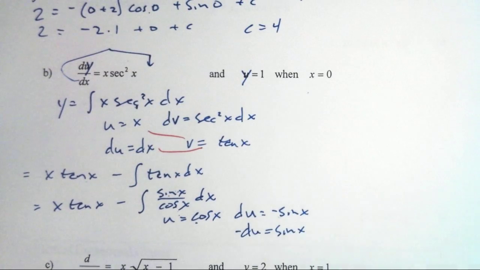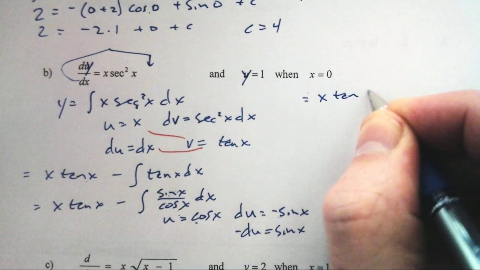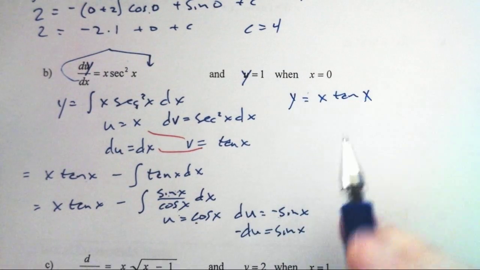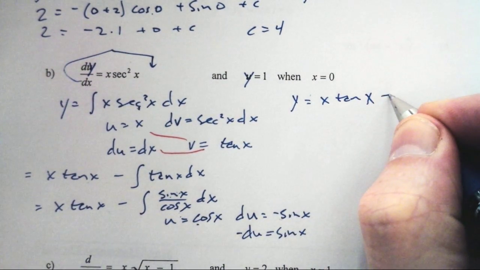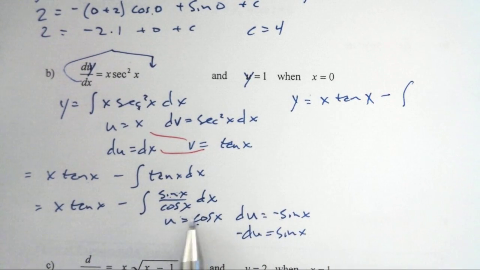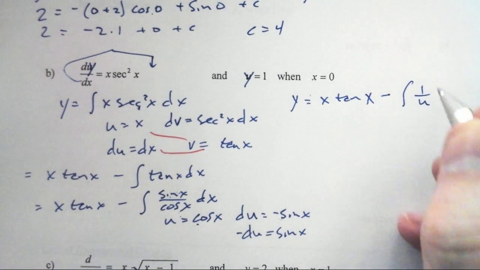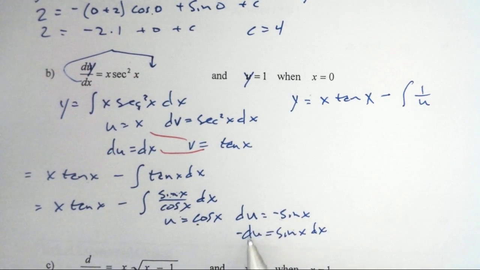So I'm going to jump up here. What do we have so far? y equals x tangent x minus the integral of, what do I have? I have 1 over u. du takes care of sine of x, and there should be a dx, d on the left, d on the right.